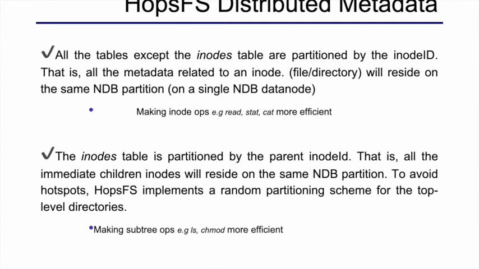On the other hand, the inodes tables themselves are partitioned by their parent inode ID. This means that all the immediate children inodes will reside on the same NDB partition. To avoid creating hotspots, which means a partition that will receive most of the requests, HopsFS implements a random partitioning scheme for the top-level directories.